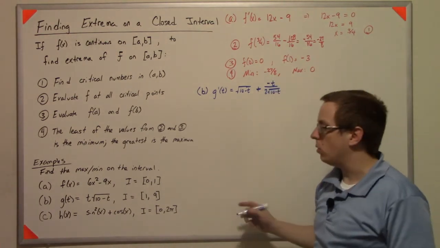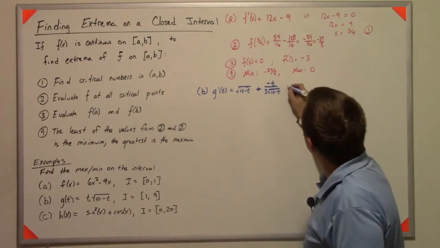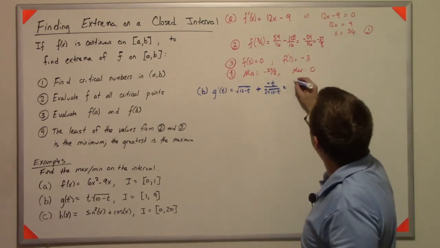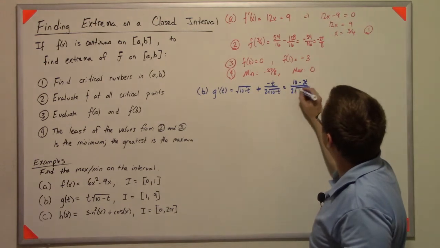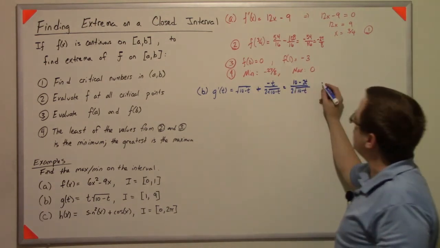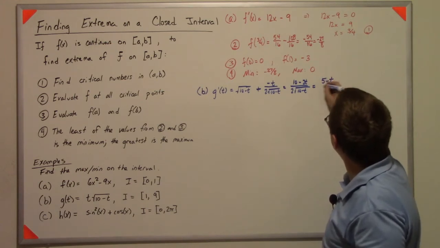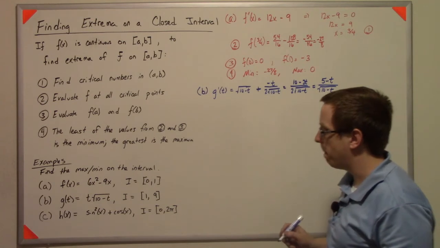Now that's all done by the product rule. Then we can get a common denominator, and you end up with 10 minus 2t over 2 square root of 10 minus t, which reduces to 5 minus t over the square root of 10 minus t.